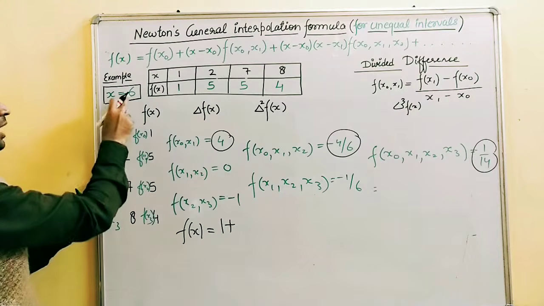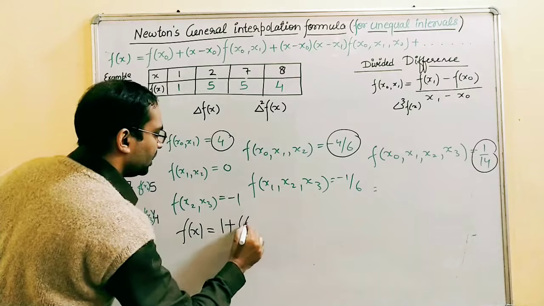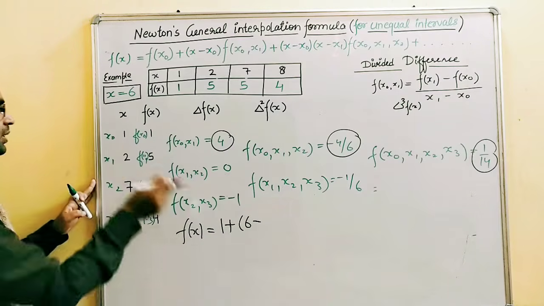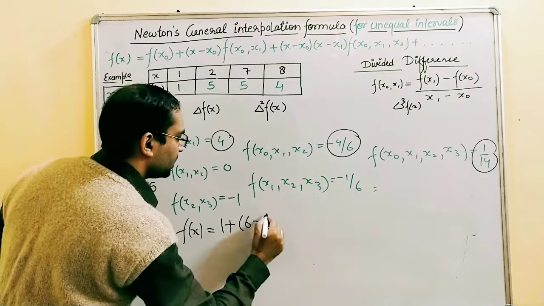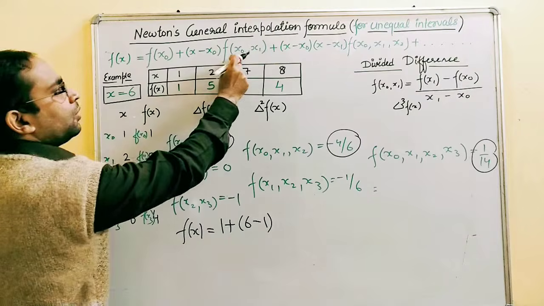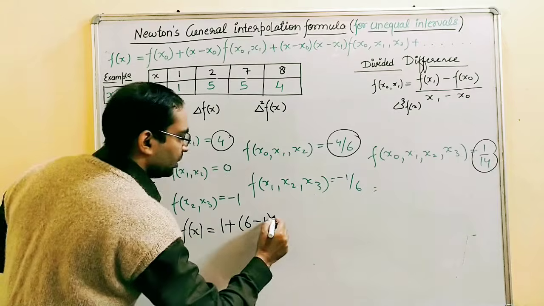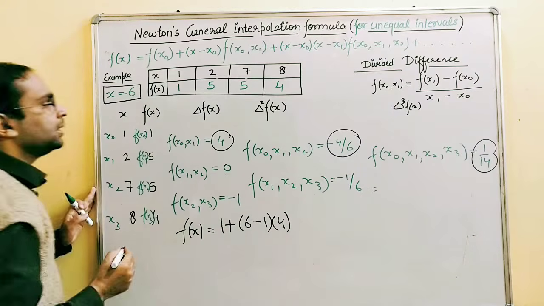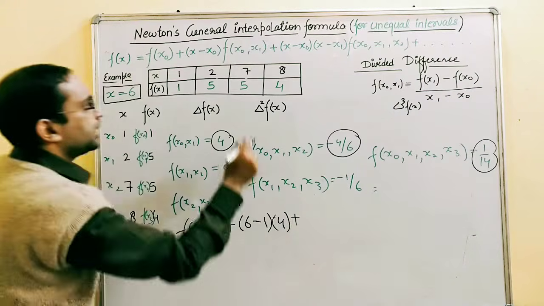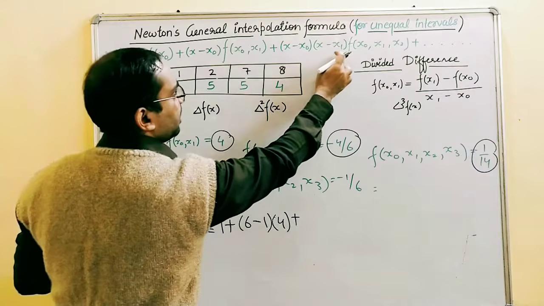What is x? The query value. This is 6. So we have 6 minus x0. What is x0? We can see this is 1. 6 minus 1, dot f of x0, x1. So this is f of x0, x1 from the table. So this is 4.